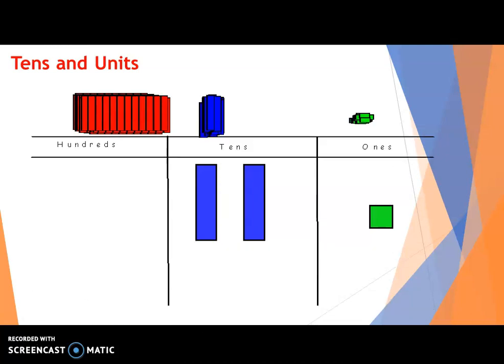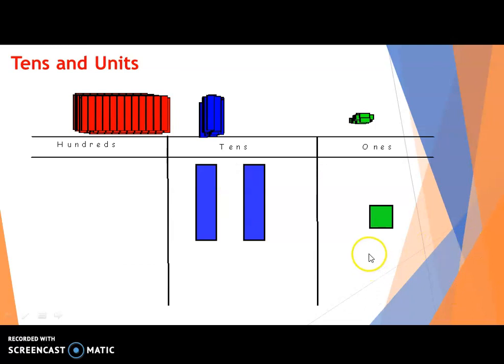Another example is still using the tens and units. You can see there one small block, the green one, and two longer blocks, the blue blocks. Let us find out what the small and the long blocks are.